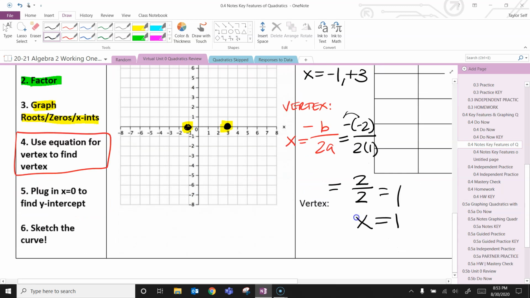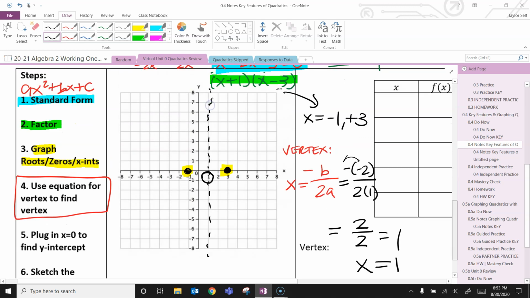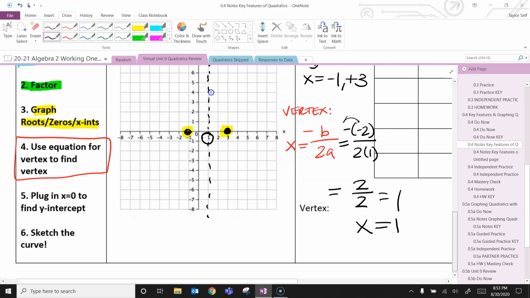X is 1. We need the y to know the point where the vertex happens. So we know the vertex happens at x equals 1, right? So I'm going to put my axis of symmetry there, because the axis of symmetry, the reflection, always happens where the vertex is. But I need to plug that into my equation to find the y.